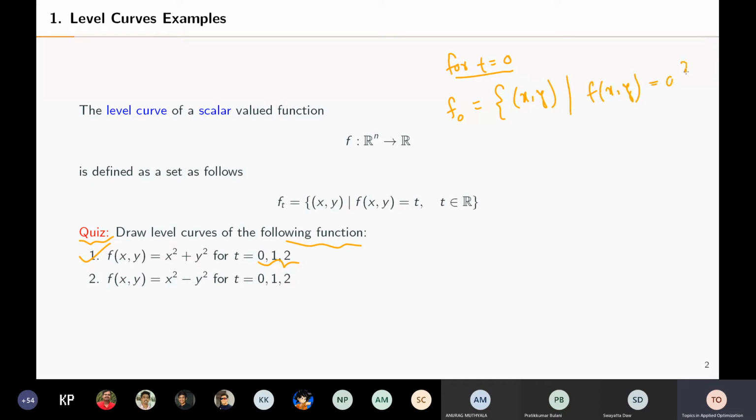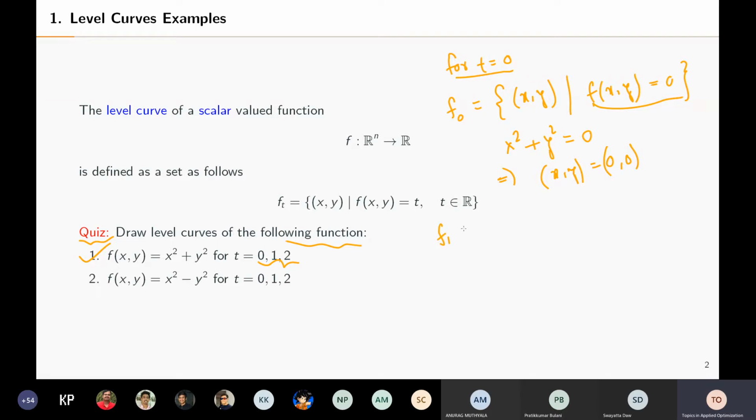So what I'm asking for is the set of all solutions to the equation x square plus y square is equal to 0. This has only one solution, which is (x, y) equal to (0, 0). That's the only place where this equation is satisfied.